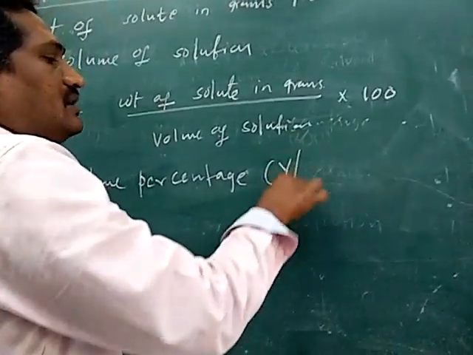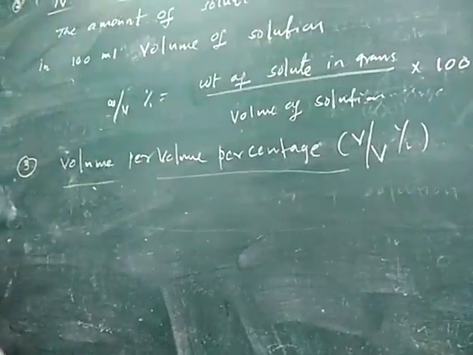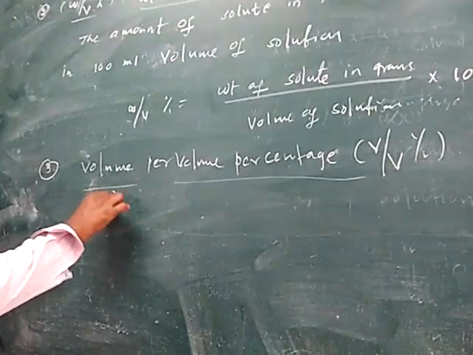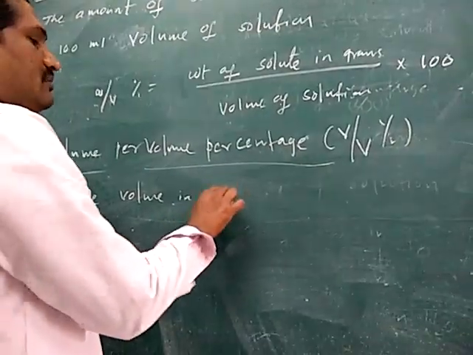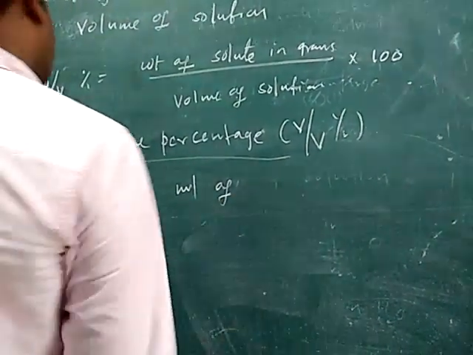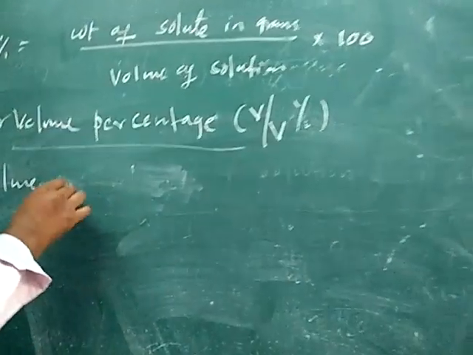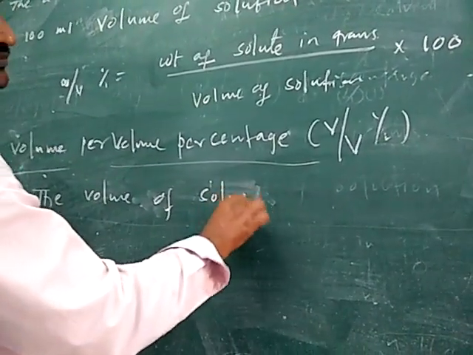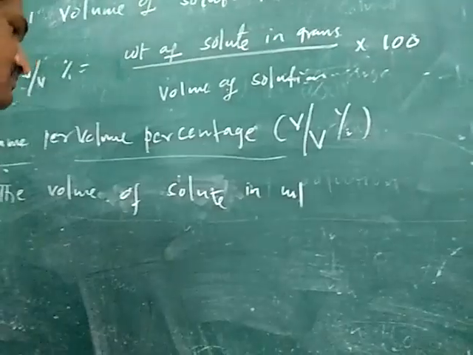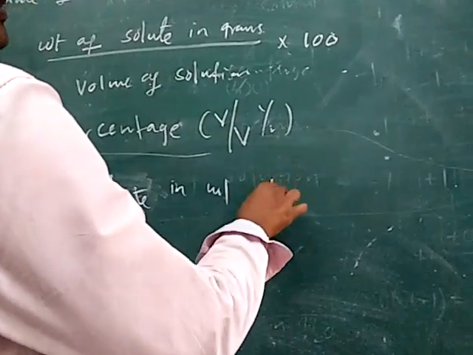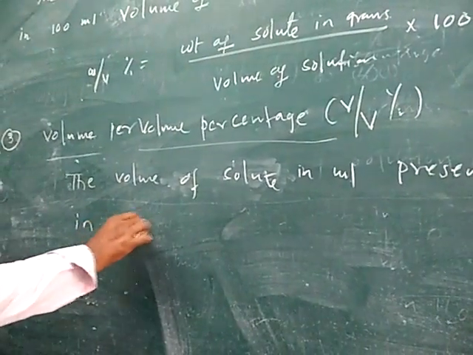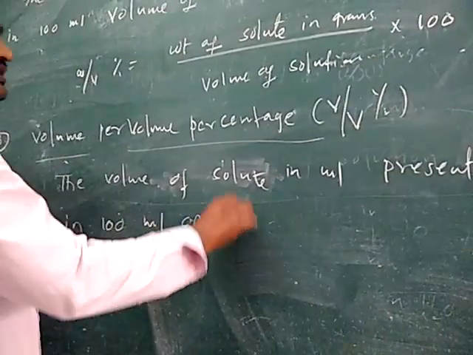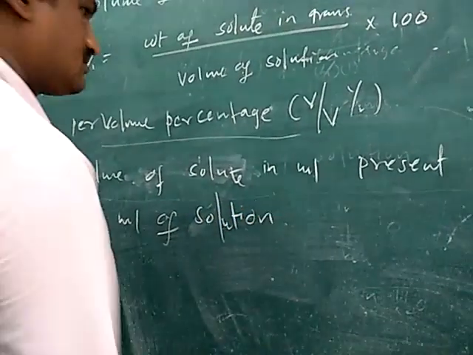That means V per V: the volume of solute in ml present in 100 ml of solution.